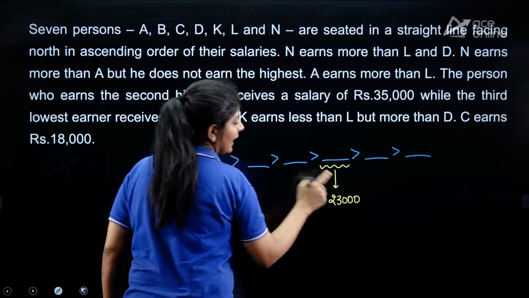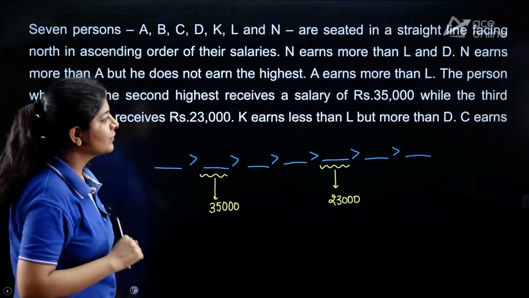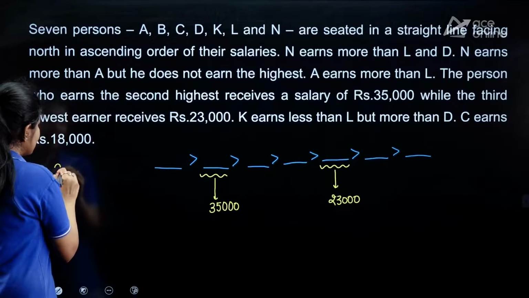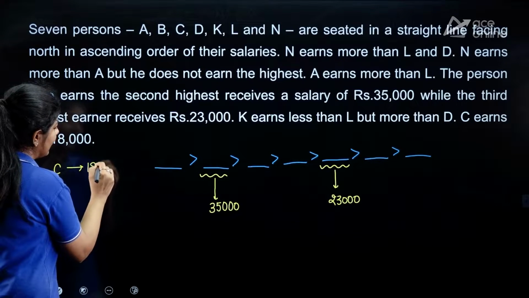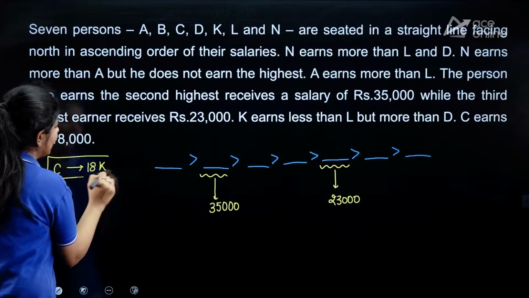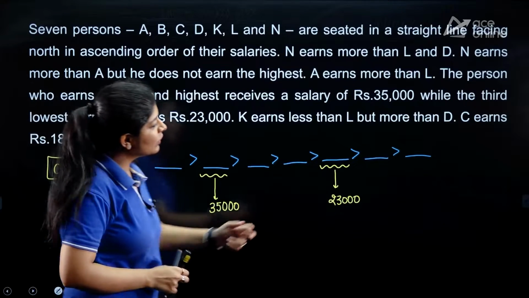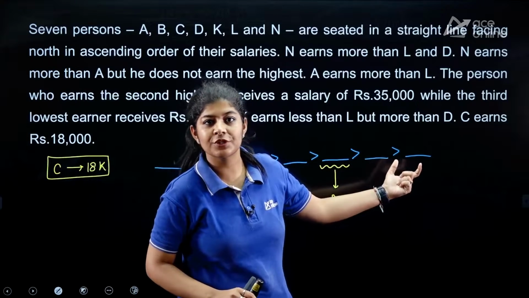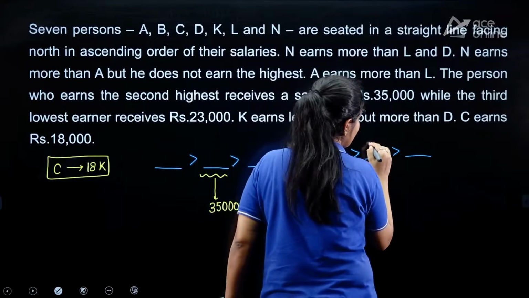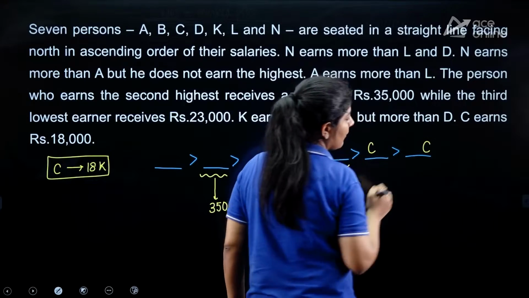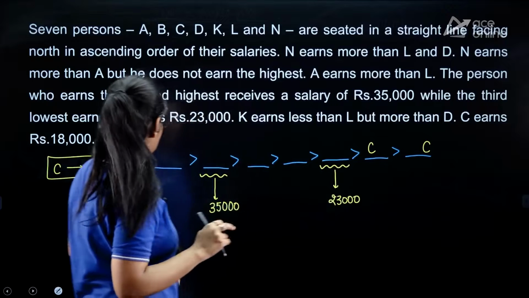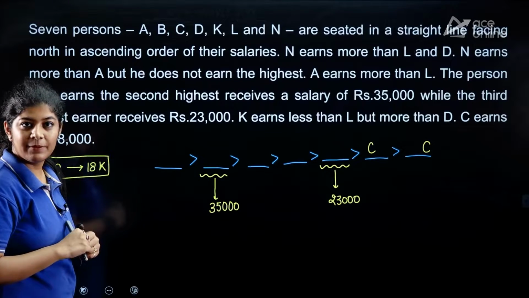If this person earns 23,000 and it is clearly given that C earns 18,000, or I can write it as 18K, then these are the only 2 possible positions for C. Maybe C will come over here or maybe C will come over here, right? With the help of this data, we can easily define it.